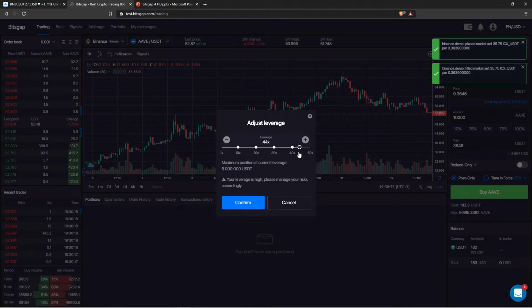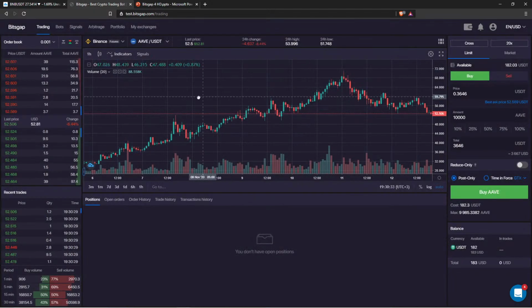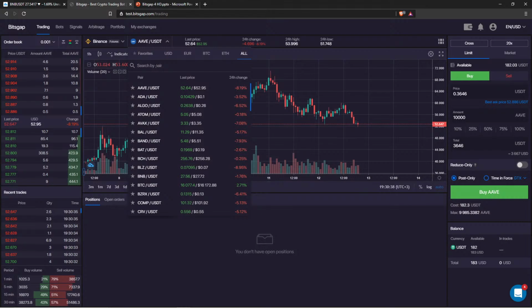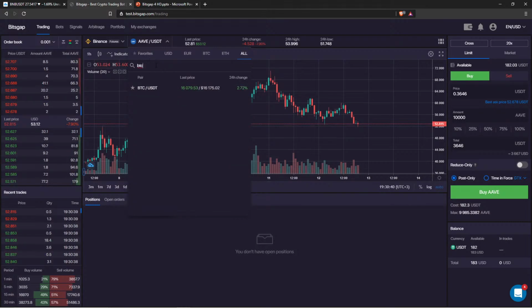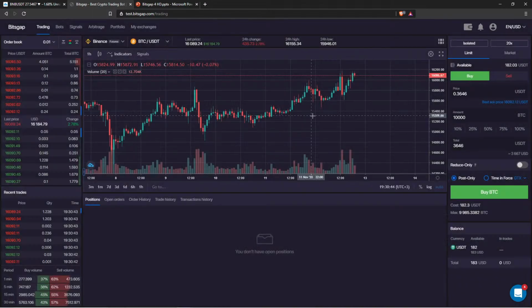But the more leverage you take, like the more credit you take from the exchange, the higher is the risk, and the closer is going to be the liquidation price relative to your entry price. Let's say for BTC USDT, the maximum is 125 leverage.